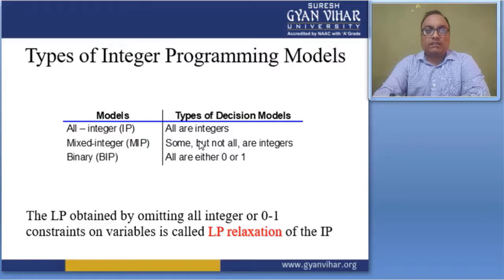And the binary BIP, you already know, binary numbers only take the value 0 and 1. The linear programming obtained by omitting all integer or 0-1 constraints on variables is called the linear programming relaxation of the integer programming.